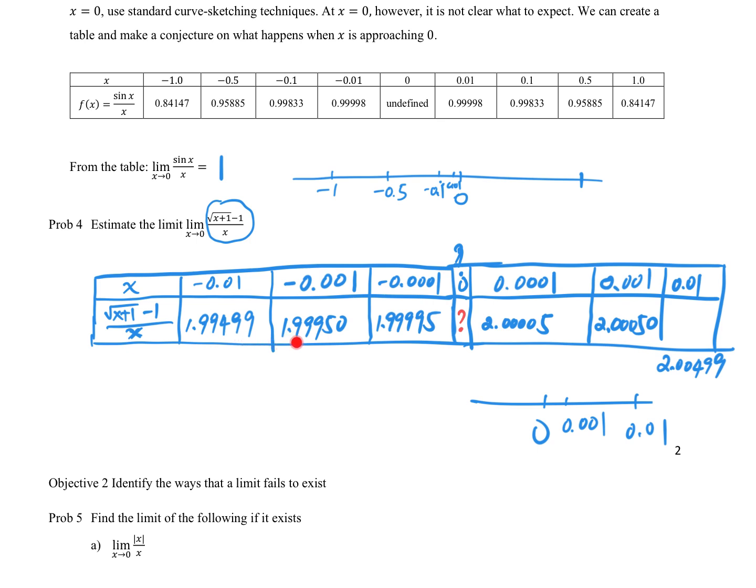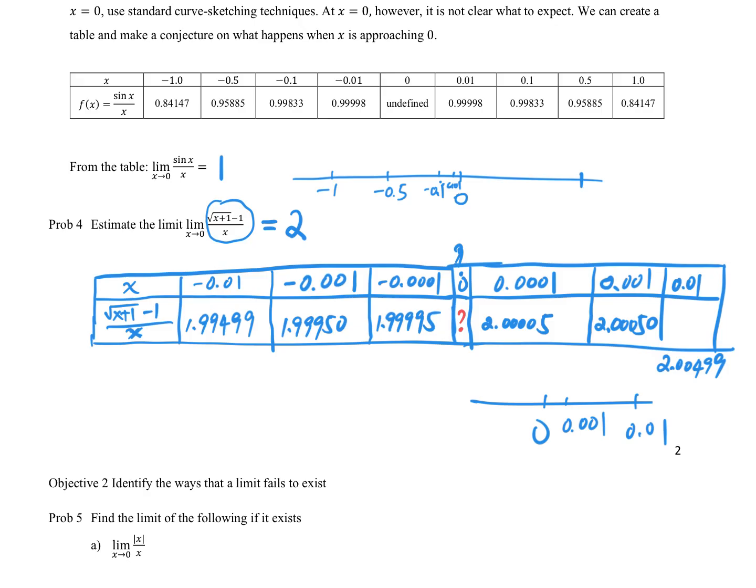From the left side, the values are getting larger and larger, but approaching 2 as well. Because of this numerical evidence, I'm going to make a conjecture that the limit is 2. It's time for you to take out your graphing calculator, graph this function, and verify visually that the limit is actually approaching 2.